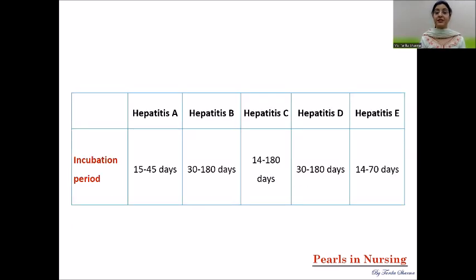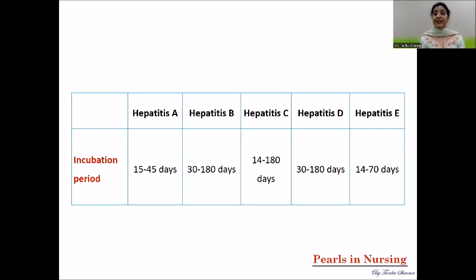The next point of difference is on the basis of incubation period. Incubation period for hepatitis A virus or hepatitis A disease is 15 days to 45 days. For hepatitis B, it is 1 month to 6 months, or we can say 30 days to 180 days. For hepatitis C, it is usually 2 weeks to 6 months, or we can say 14 days to 180 days.